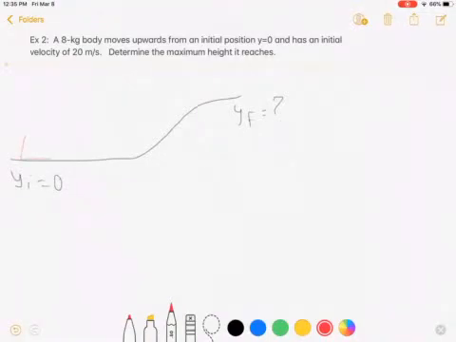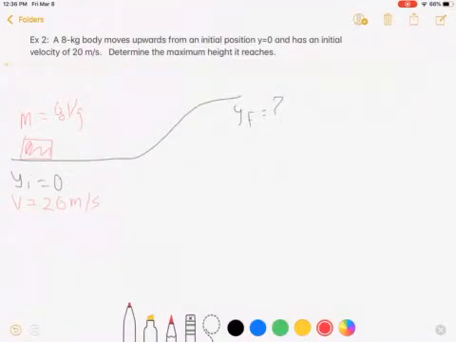Let's say we have some box here. Mass is 8 kilograms, and our initial velocity is 20 meters per second.